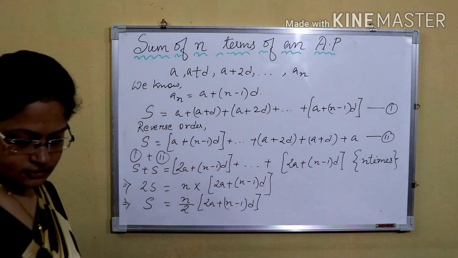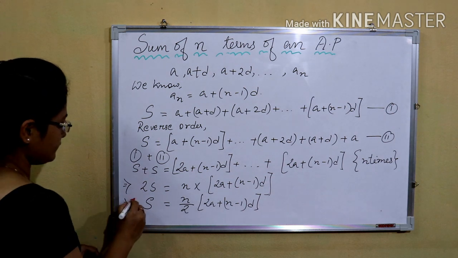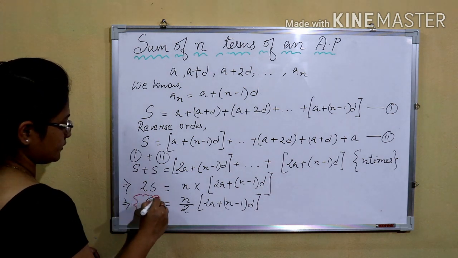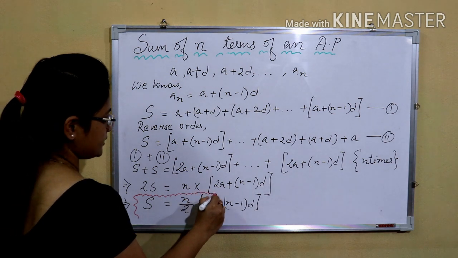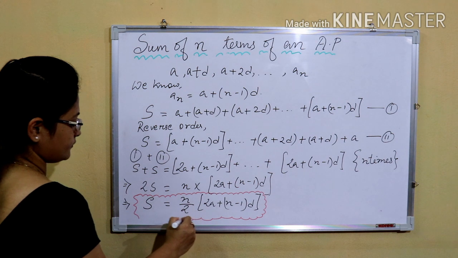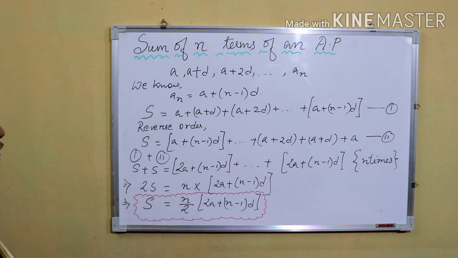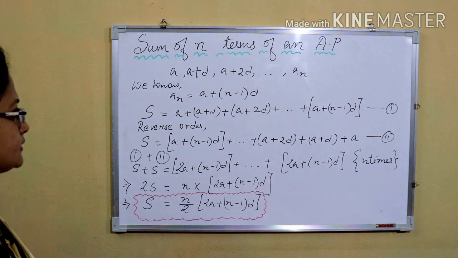So we got the sum of n terms of an AP. How to find? S is equal to n by 2, 2a plus n minus 1 d.